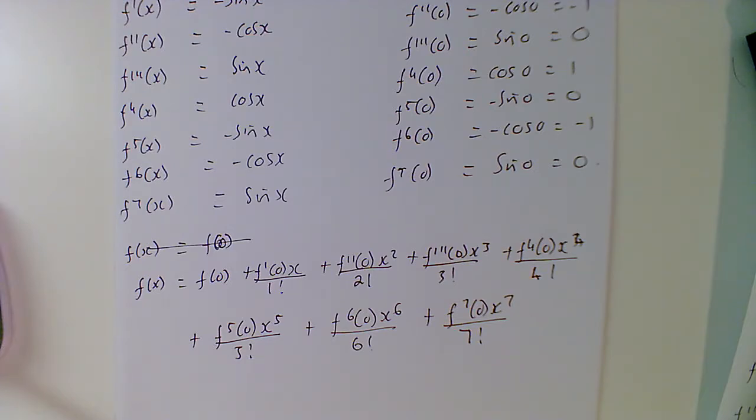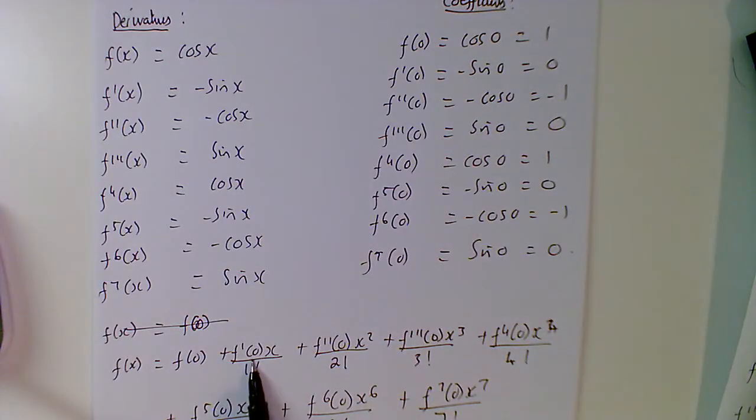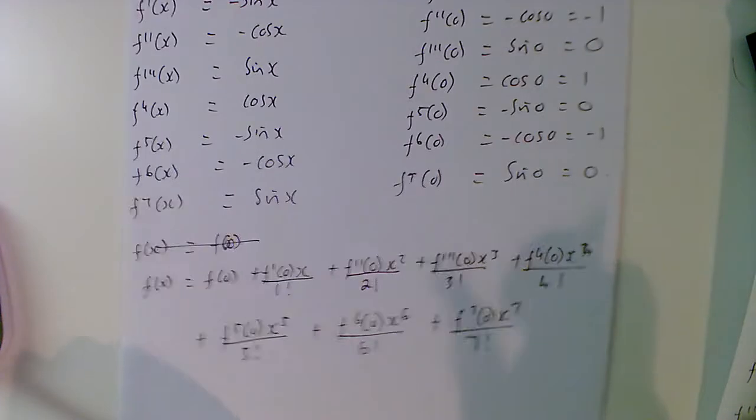But it's quite straightforward. So all we're going to do is swap in our coefficients. So f of 0 is 1, f dash of 0 is 0, f double dash of 0 is negative 1, f triple dash of 0 is 0.